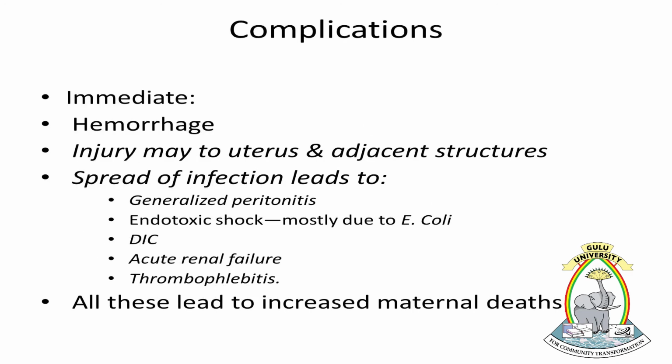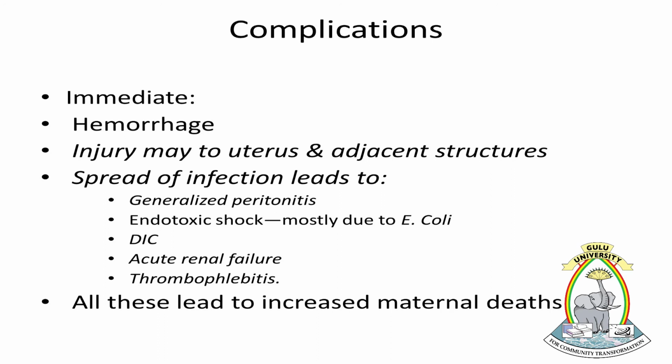Complications, especially with abortions, can be immediate complications in terms of hemorrhage, injury maybe to the uterus and adjacent structures, and spread of infection that leads to generalized peritonitis, endotoxic shock syndrome, especially when you get infection due to E. coli.